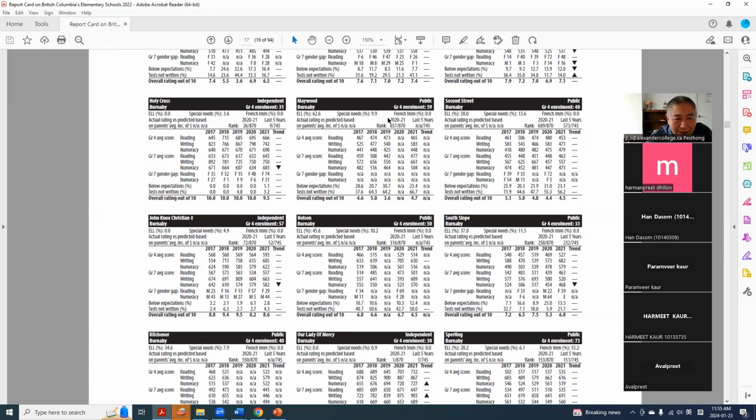You see, Holy Cross, 3.6% have learning disabilities or special needs. But this school, almost 10%. And this one has 13%, almost 14%.